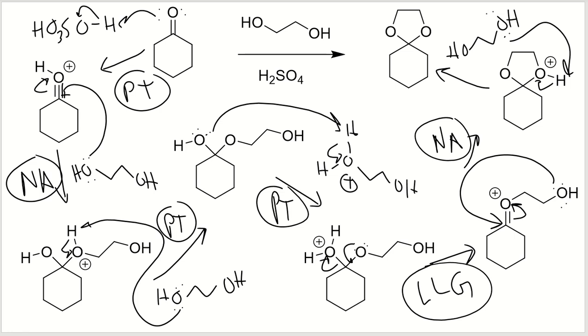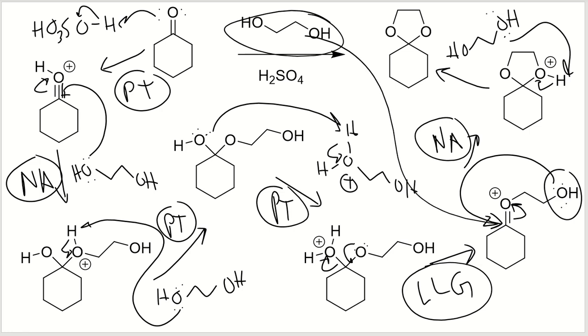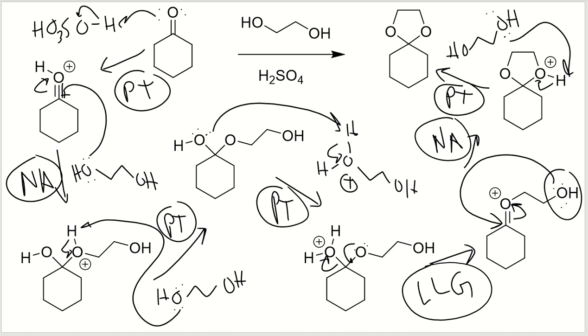Our nucleophile in this case being intramolecular, that alcohol component there, instead of an additional alcohol from the starting material piece. Once we form our cyclic acetal that is protonated at this stage, we need to do one more proton transfer to get to our neutral product overall. Again, exact same steps as before, but this one got somewhat tricky because the second nucleophilic attack was intramolecularly instead of intermolecular.